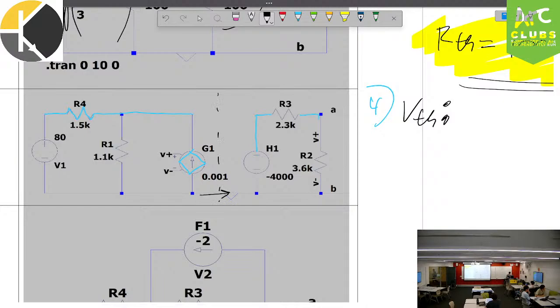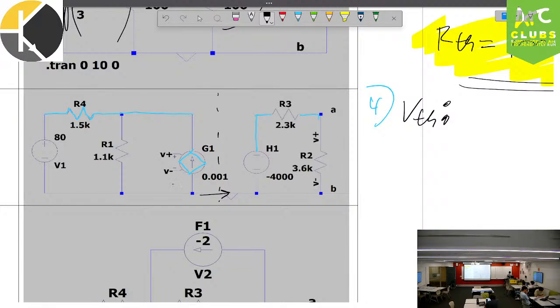We have to ask ourselves, can any current actually go through this and interact with the rest of the circuit? And the answer to that is actually no. Because to have current going out of a circuit, you need current going in. That's our meshes, that's our KCL, right? Rather KVL, KCL, it's both.